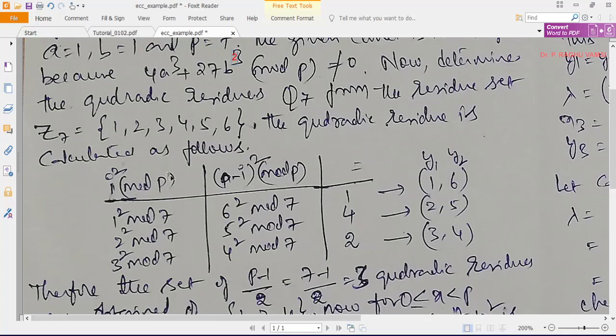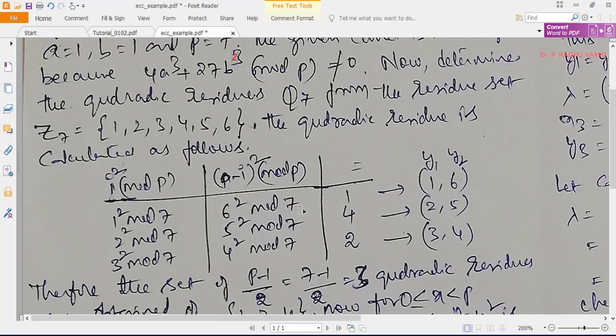These two values should result in the same remainder or residue. If it is so, then it is said to be a quadratic residue. So take the first one, 1 square mod 7, and 7 minus 1 whole square mod 7. 7 minus 1 is 6, because this is p minus i. So 6 square mod 7.